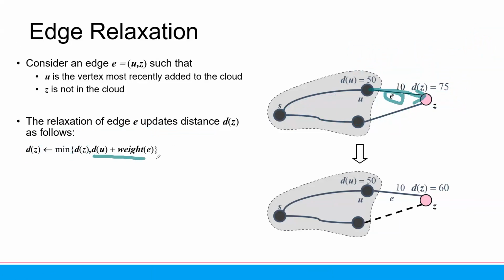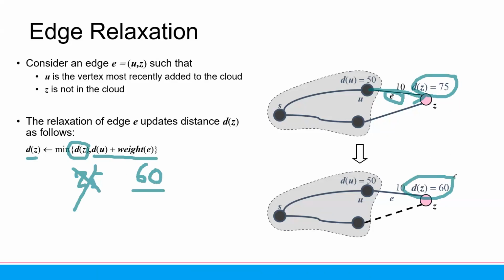So I want to know the distance d(u) plus weight e and then compare to d(z). d(z) is 75, compared to d(u) plus weight e, which is 60. So the minimum is 60. So we will not use the old one, and the new d(z) will be 60 because it is the minimum. That's the way to find the shortest path using the Dijkstra algorithm.